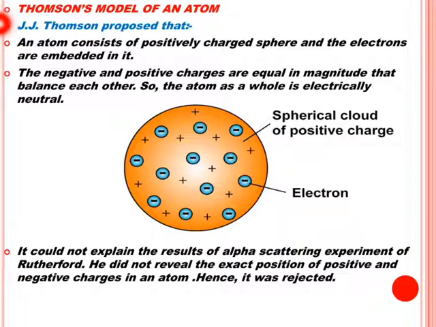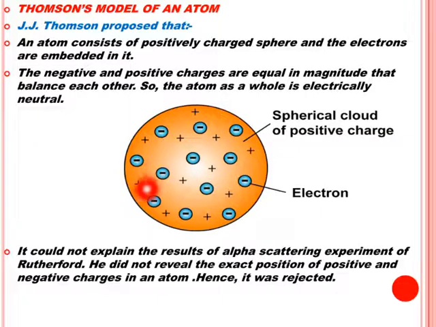Students, in the previous lecture, we discussed Thomson's model of an atom. In this model, he proposed that an atom consists of a positively charged sphere and the negatively charged electrons are embedded in it.